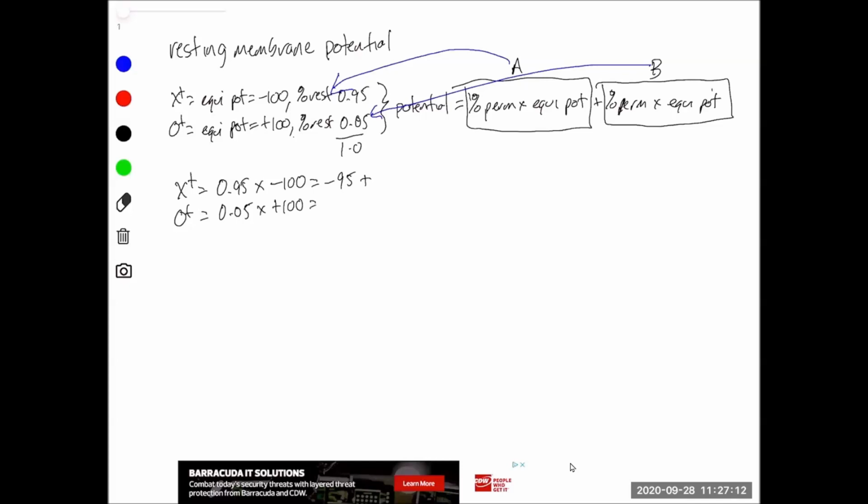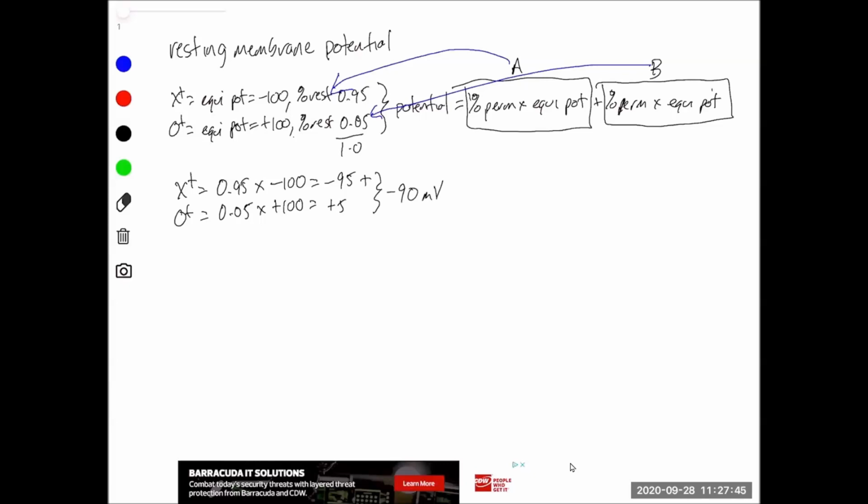Now, oftentimes we don't write positives when we're doing math, we just assume the positive. But I think for these problems, it's a good idea to include it so you don't drop a sign. So always make sure you have some sort of sign there. So that's going to be positive 5. If we add those two together, minus 95 plus 5, that gives me minus 90. This is, again, millivolts as given in the problem.